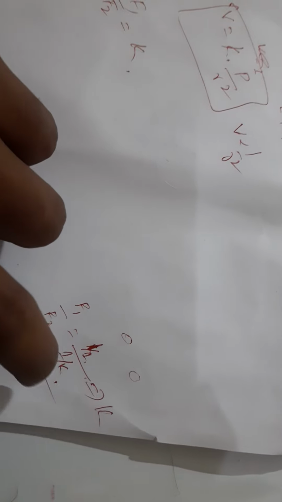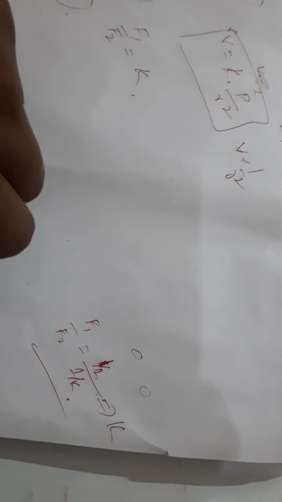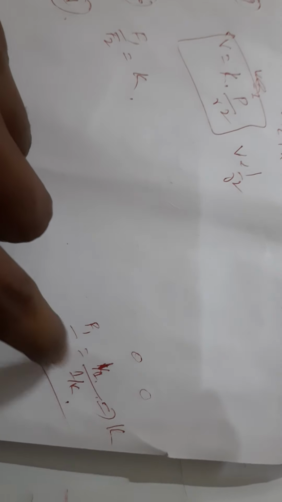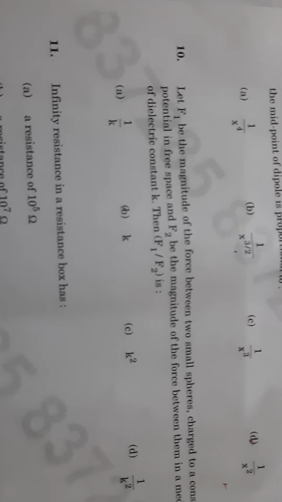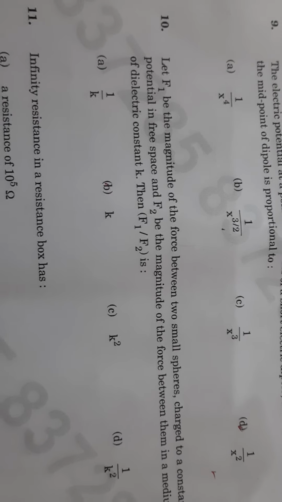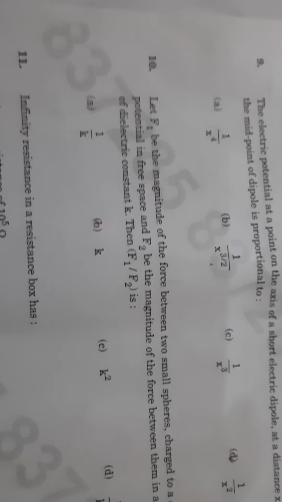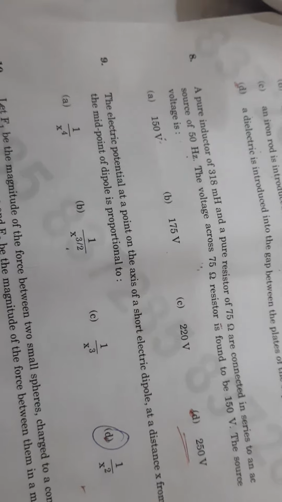So that can be written as equal to K. Therefore F1 by F2 equal to K is the answer for this question. Therefore the answer is B, right? You are seeing the dot mark, B is the answer. If you want, I am highlighting more here also.